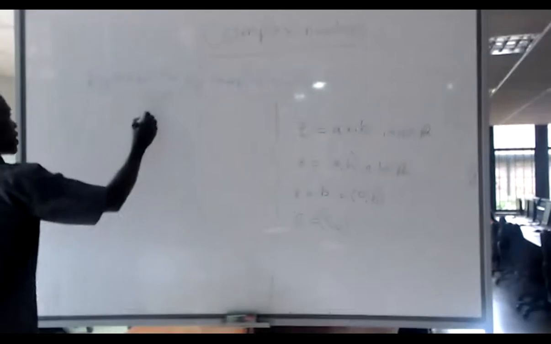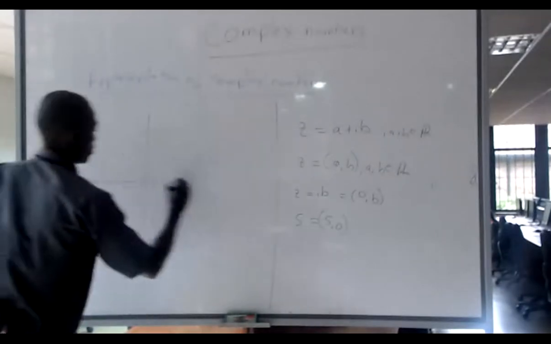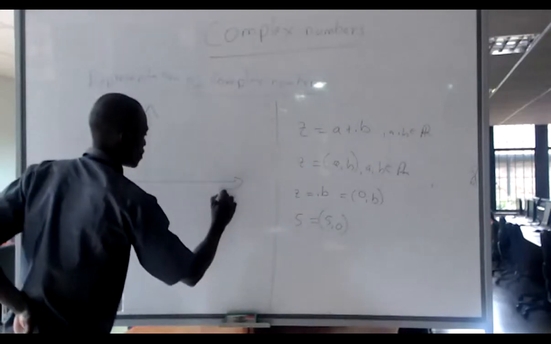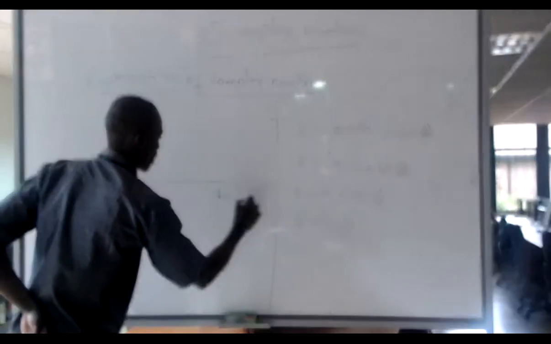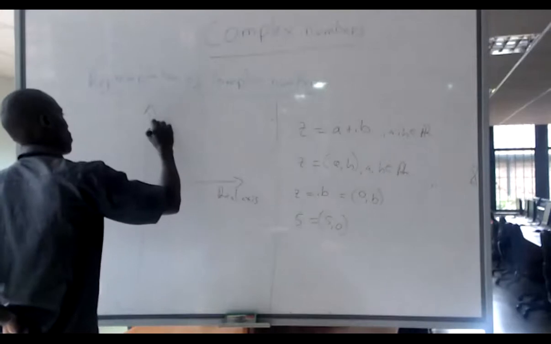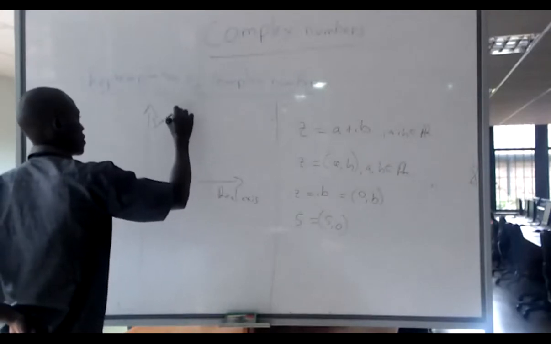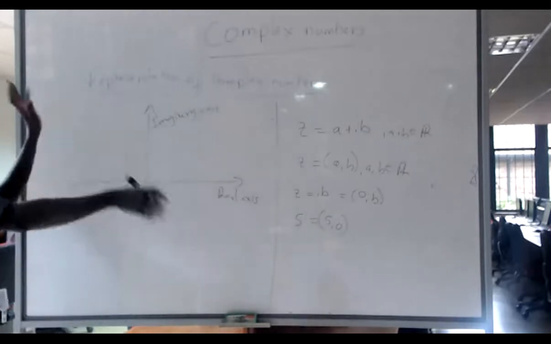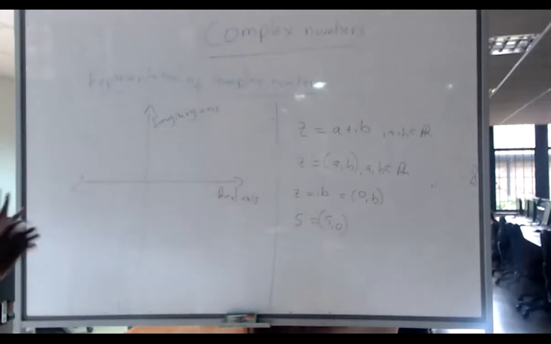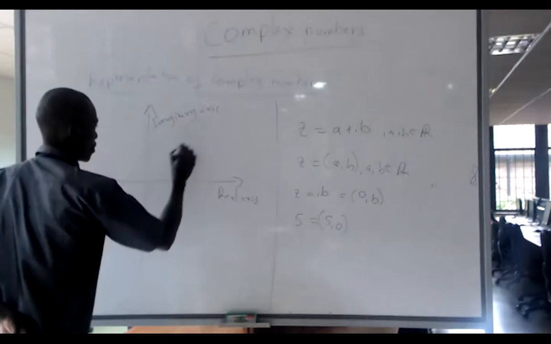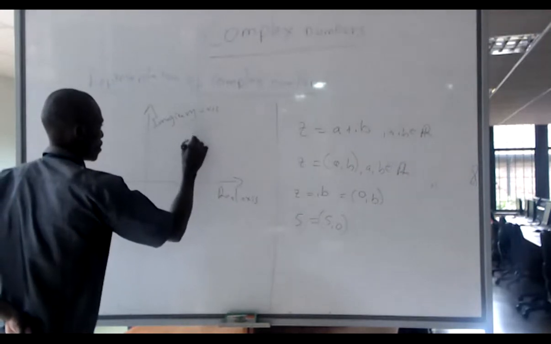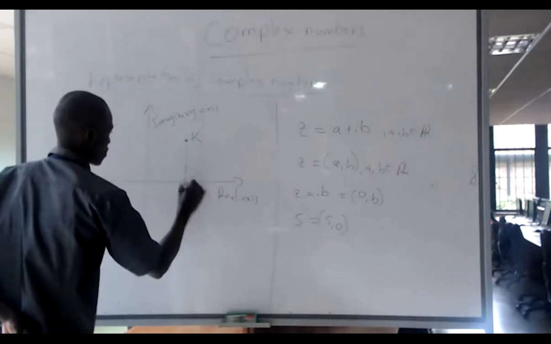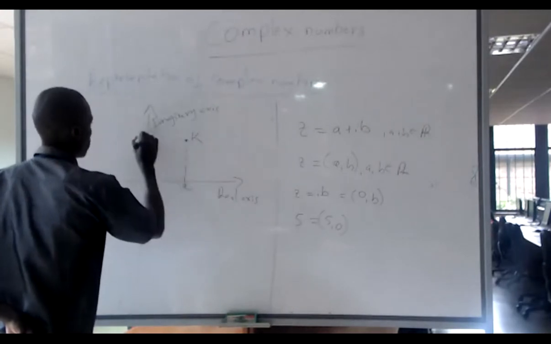So just like in the Cartesian plane, it's still a matter of taking the cross product, but now this is called the real axis and this is called the imaginary axis. I've just changed the names of the axes, but what we do is the same. So let's say I have a point K. This is a, this is b.